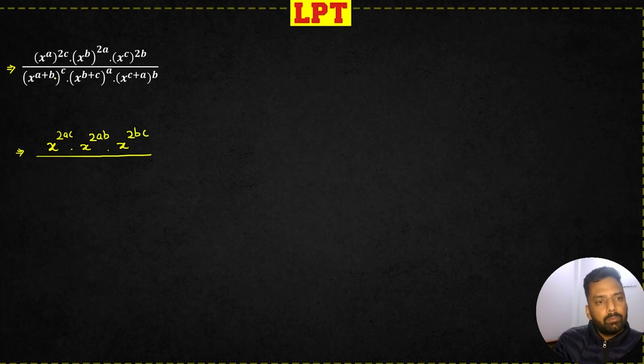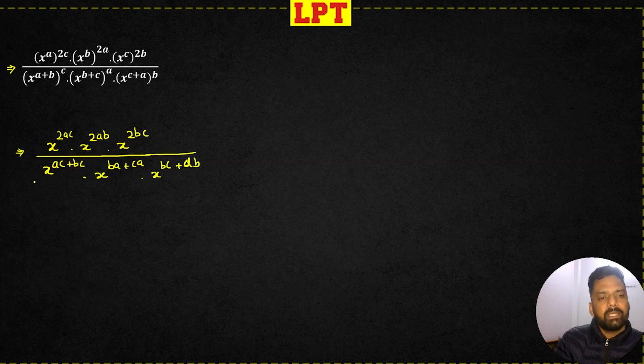Now in the denominator, we can write x to the power ac plus bc into x to the power bc plus ab.